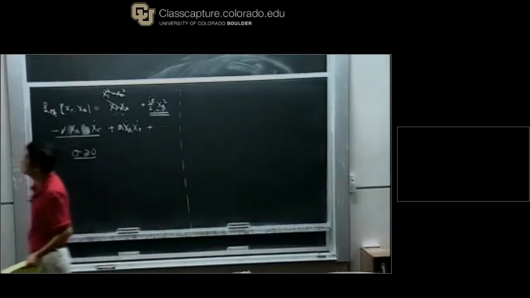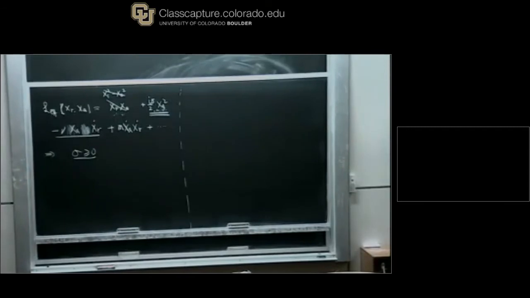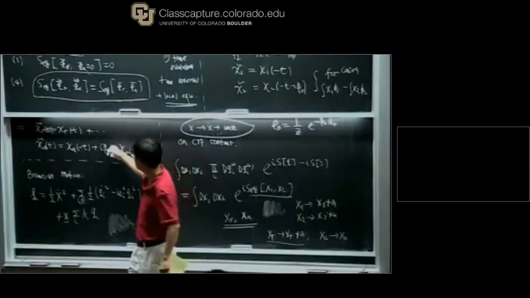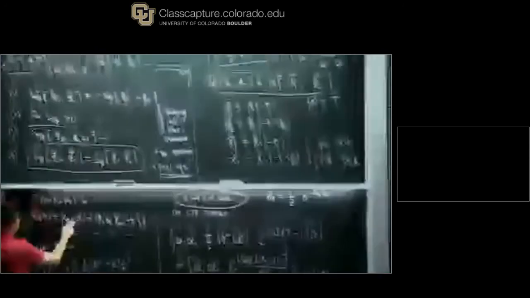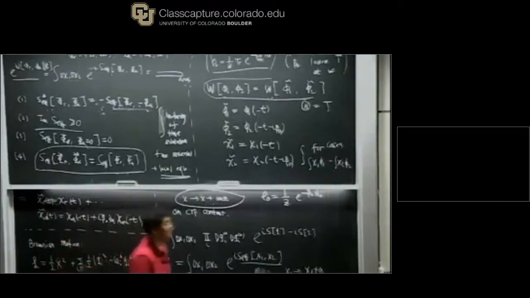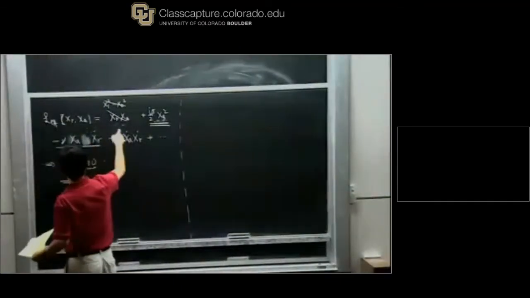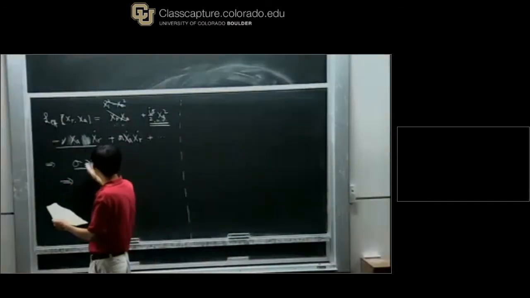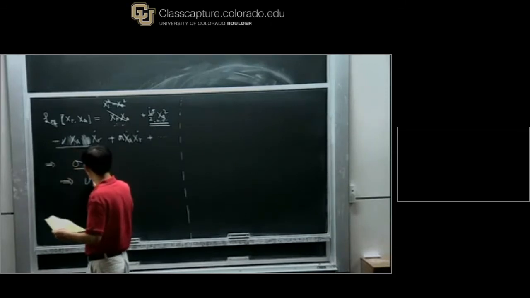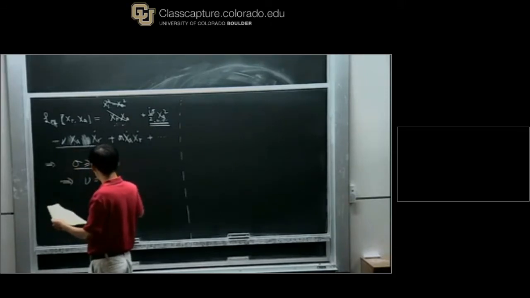And now let's impose this condition. Say the action has to be invariant under this transformation. And then you can just apply this, just replace this by x. And then you find there's a relation between them. Then you find that the condition applied to here tells you that the nu with this sign has to be equal to sigma times beta.